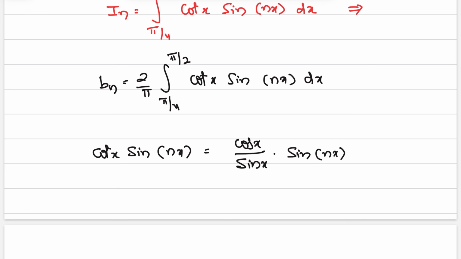Do you agree? We can use this trigonometrical identity.